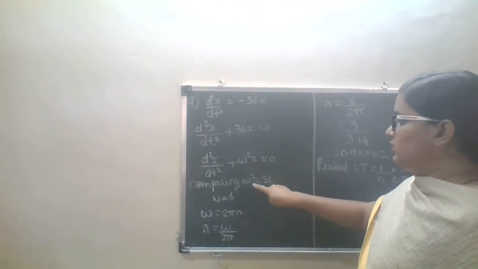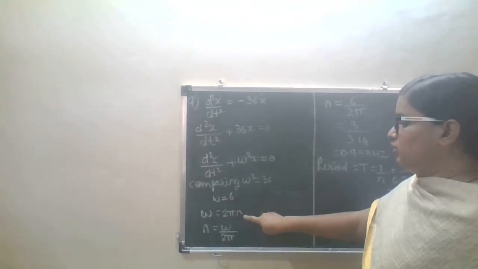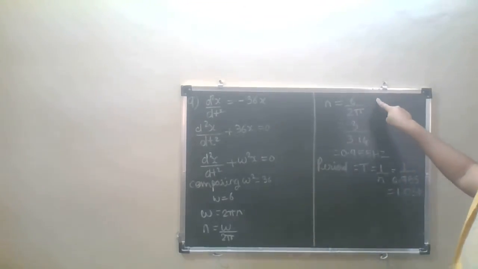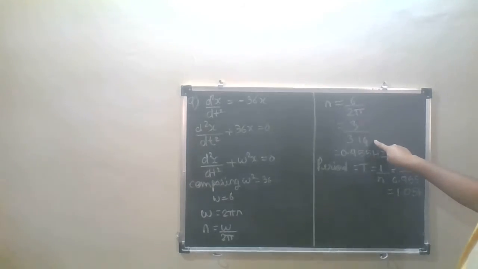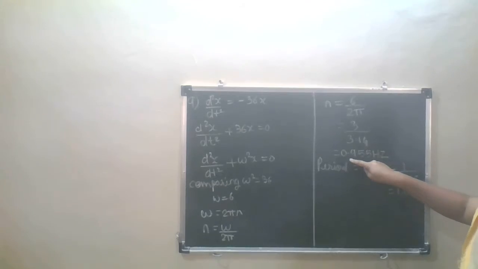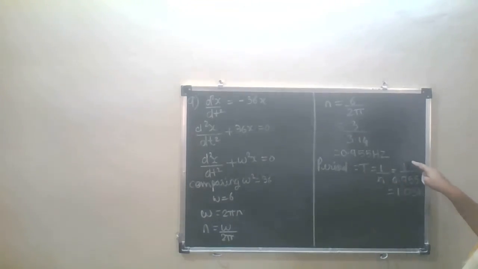Comparing, we get omega square is equal to 36 and omega is equal to 6. Then omega is equal to 2 pi n, and n is equal to omega upon 2 pi. Then 6 upon 2 pi is equal to 3 upon 3.14, and this n will be 0.955 hertz, and period T is equal to 1 upon n, which is 1.05 seconds. This was question number 9.